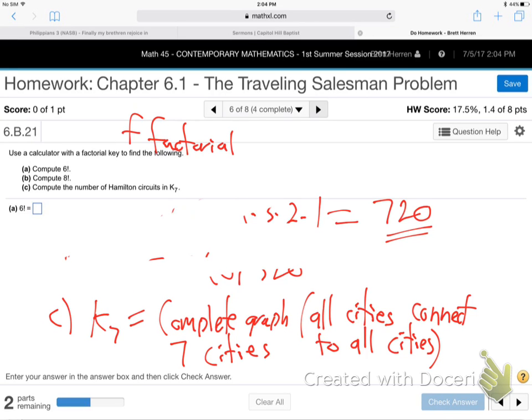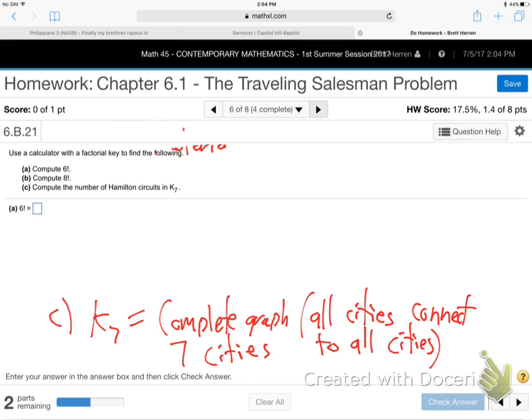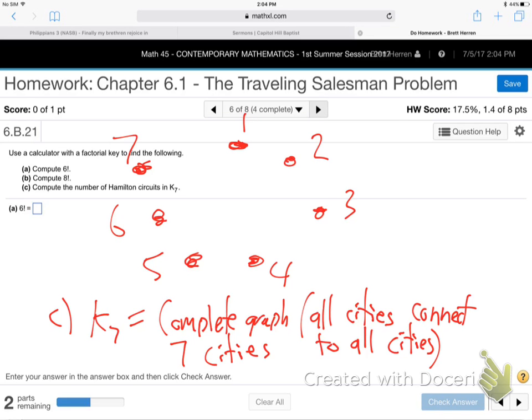Do you know what I mean by that? So for example, if you had, let's say city 1, city 2, city 3, city 4, city 5, city 6, and city 7. A bunch of cities, okay? And you're going to have a map where they connect to each other. Well, you could have, this would be a complete graph. City 1 goes to all the other cities.